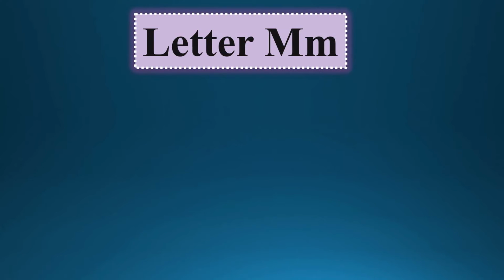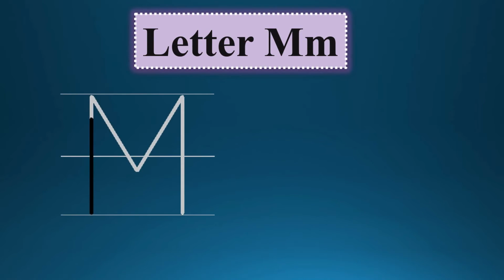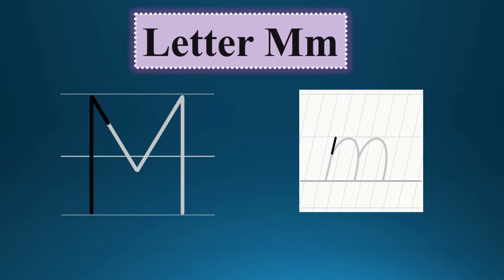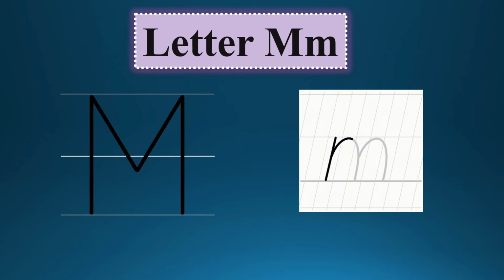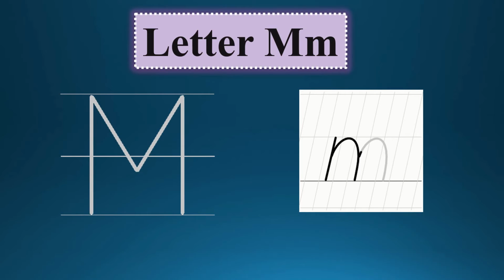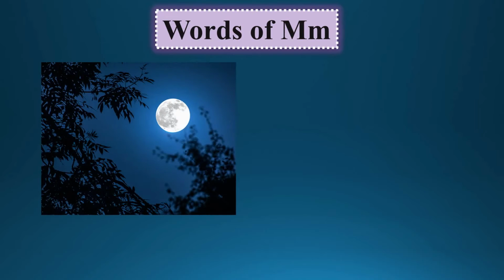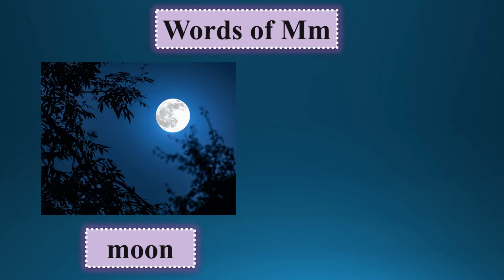Children, here is the letter M, capital letter M and small letter m. This is how we write the letter. And its sound is m, m, m. Let's hear the sound in the words. M, moon. Here the beginning sound is moon.